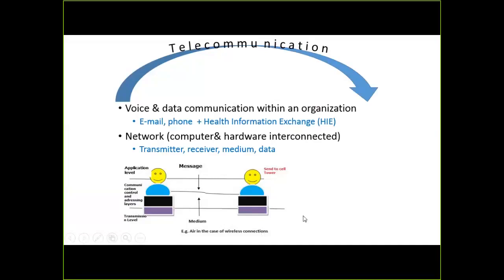All right? But in our network, we use the computers, the hardware, and then think of, let's say, the safe portals where the information goes via the internet and is transferred, let's say, to a payer's website or an insurance website. So that's basically how the information would be sent or received.